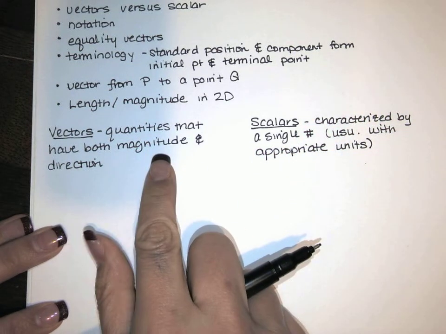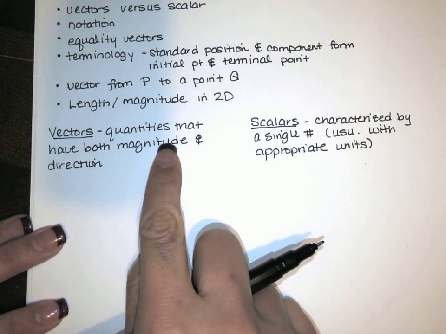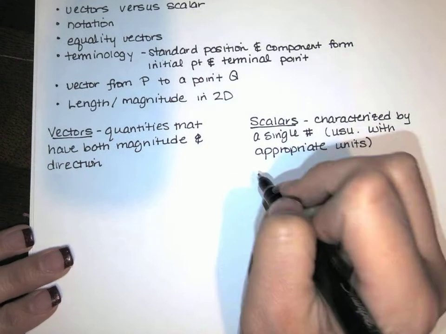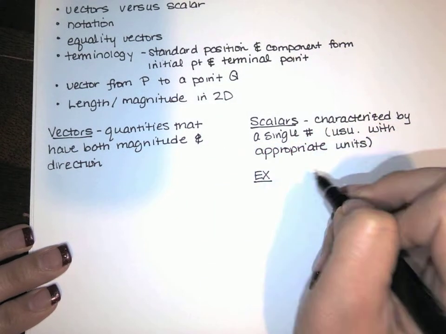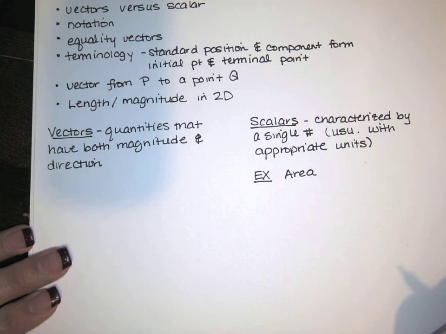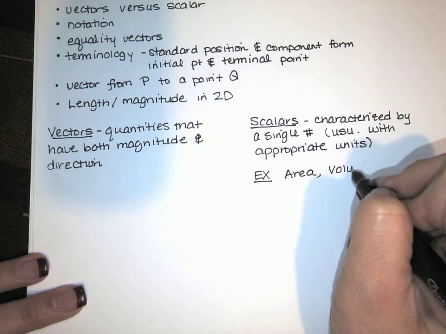Notice this one has magnitude and direction. This is just a number. We can almost think of this number like the magnitude. With scalars, there's no direction involved. So a couple of examples of scalars are area. We know the area of something is just a number. The area might be 0, or it might be some other positive number. Same is true for volume.